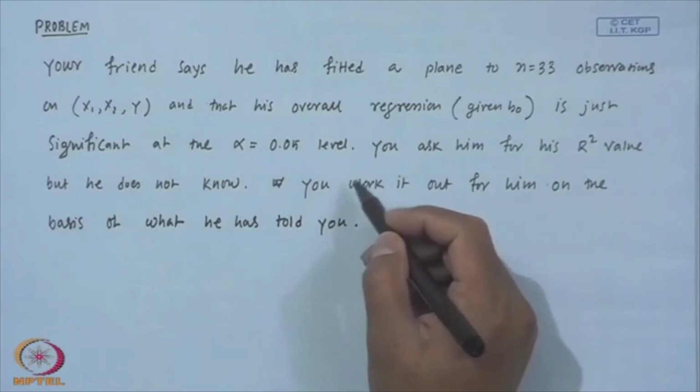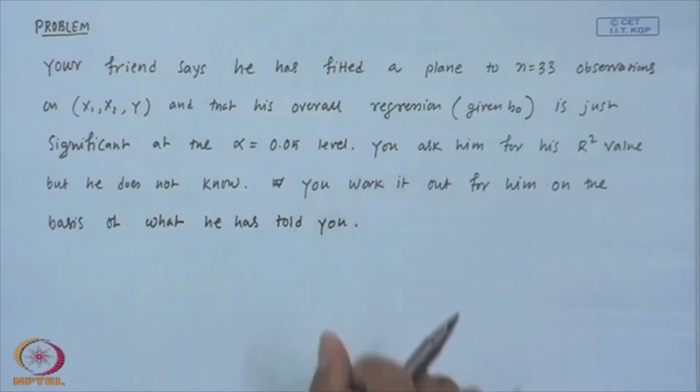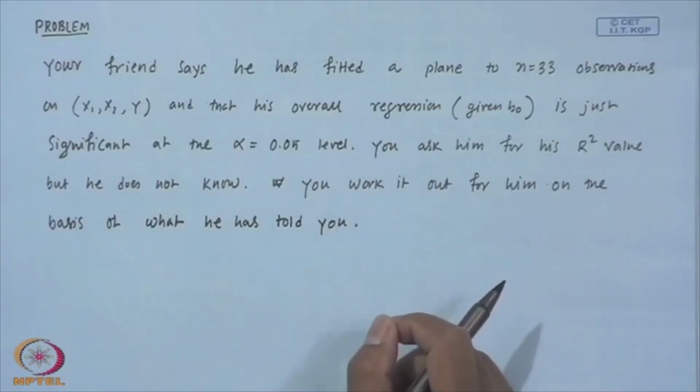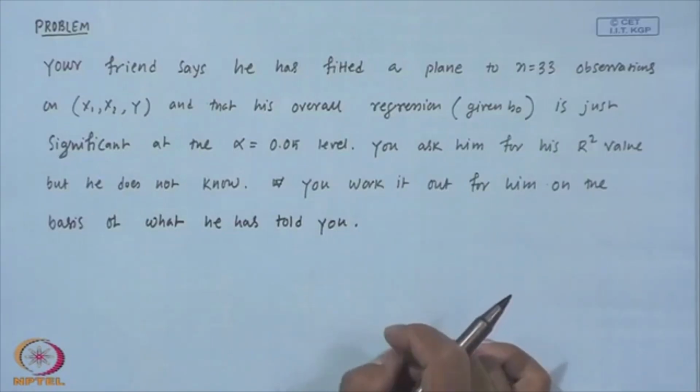Okay, that means your friend has fitted a multiple linear regression model with two regressors x1 and x2 and one response variable, and his test is significant. That means the fitted model is significant at 5% level of significance.